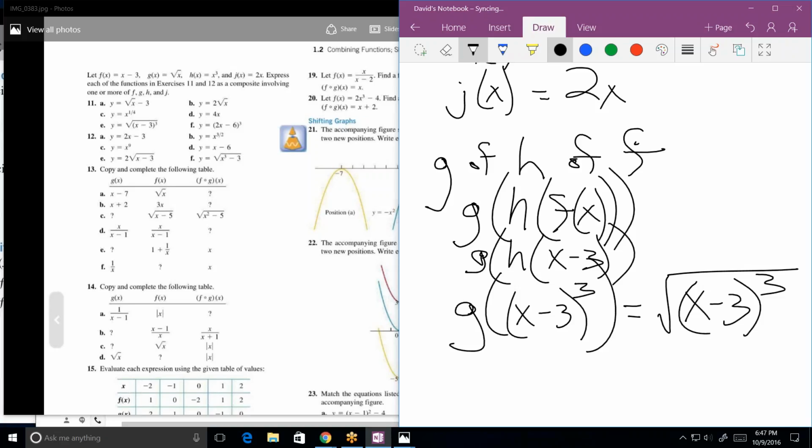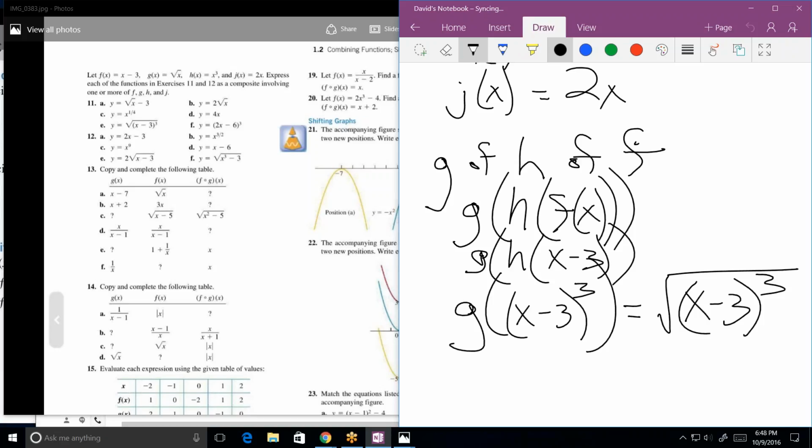So we found 3 functions that fit the 3 things happening to that composite. We just have to figure out the order to put them in, and basically work from the outside in. The very first thing going on is the square root. That's the g function.